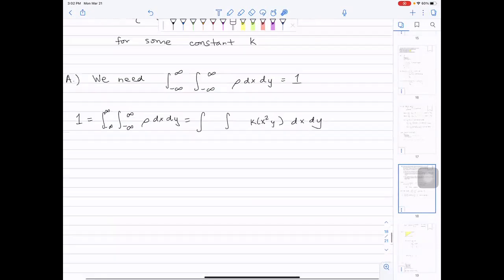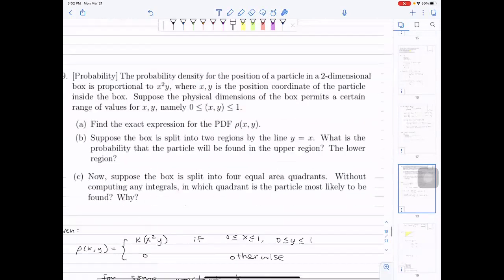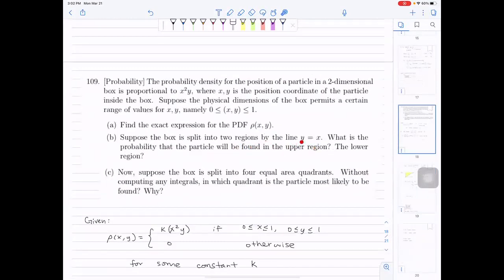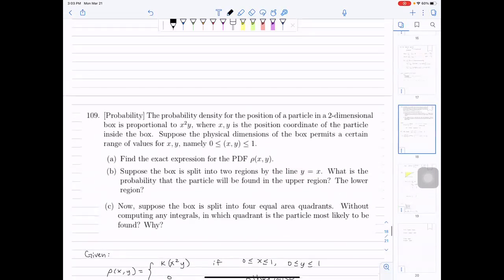Okay, then part B says suppose the box is split into 2 regions by the line y equals x. What is the probability that the particle will be found in the upper region? Okay, so we have a box with x going from 0 to 1 and y going from 0 to 1. So right now our region is a box, exactly.